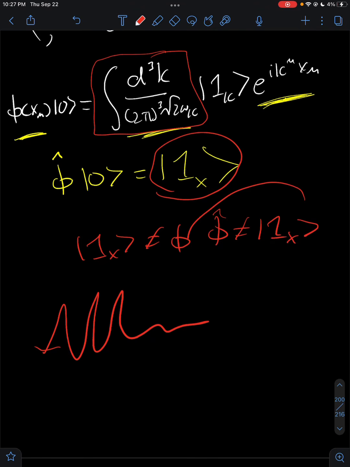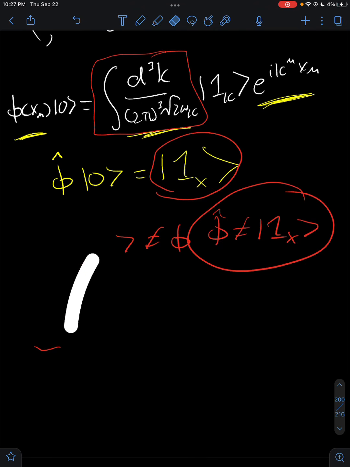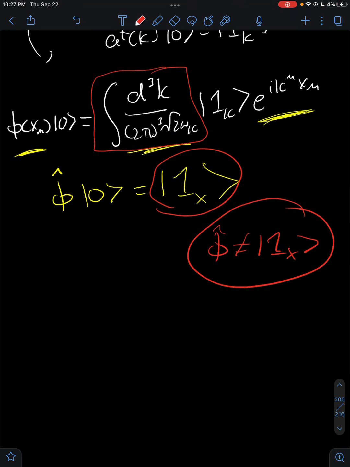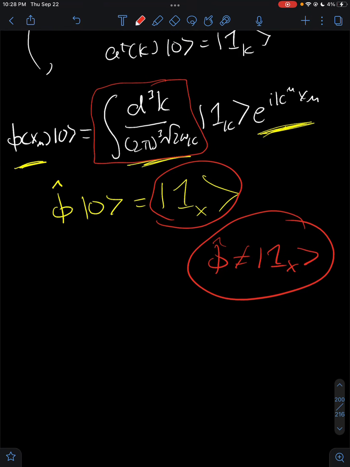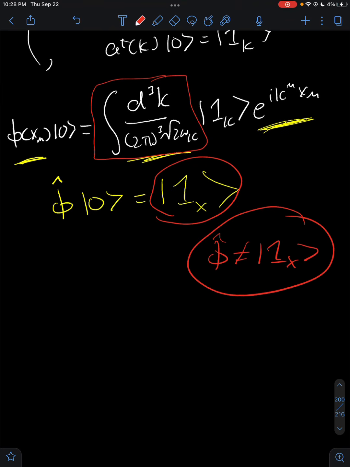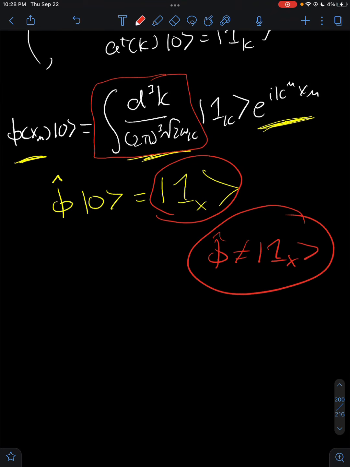I'm just warning you that you'll hear some people say that particles are fields. They're not. The states are members of a Hilbert space or a Fock space, whereas the fields are operator-valued distributions that solve the relevant equations of motion, in this case the Klein-Gordon equation.